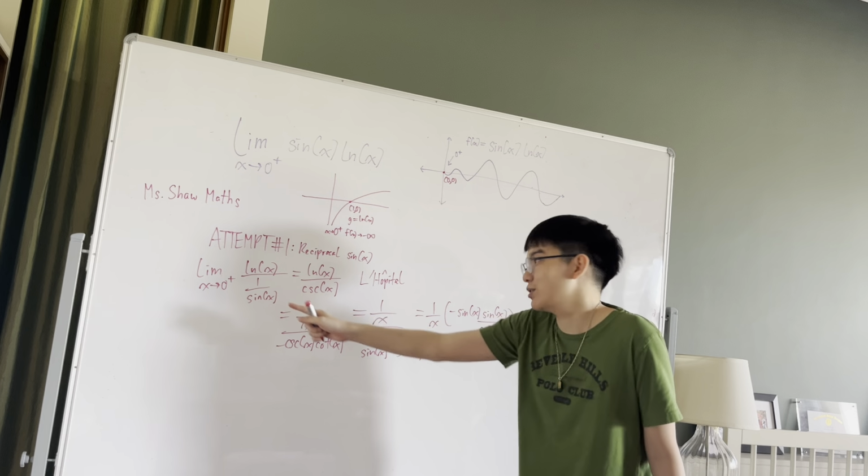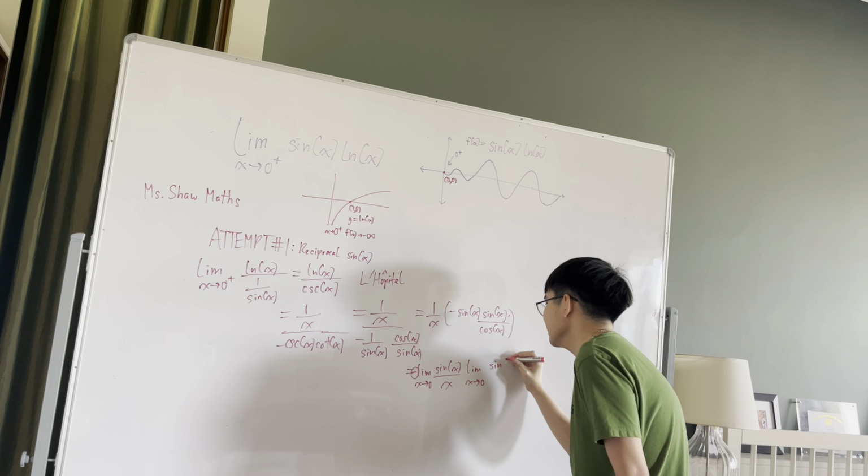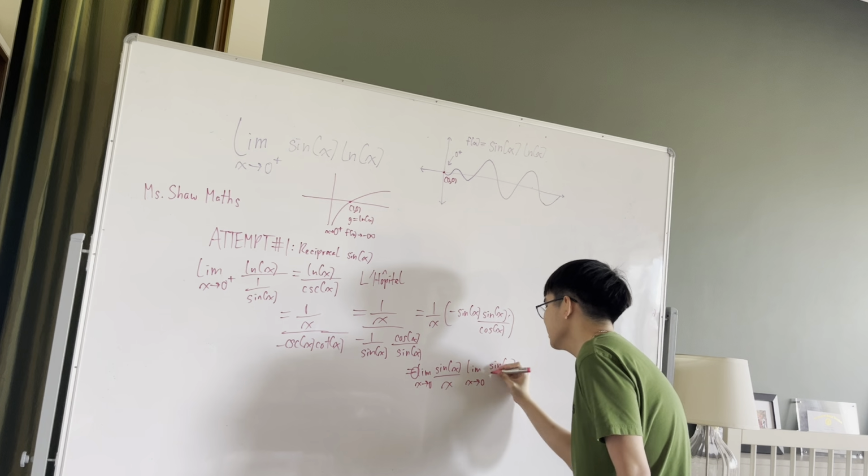So I'm going to rewrite this as the limit as x approaches 0 of sine of x over x, don't forget the minus sign over here, sorry about that, times the limit as x approaches 0 of sine of x divided by cosine of x. Now by the squeeze theorem, you can rigorously show that sine of x over x as x approaches 0 from any direction is always going to be 1.